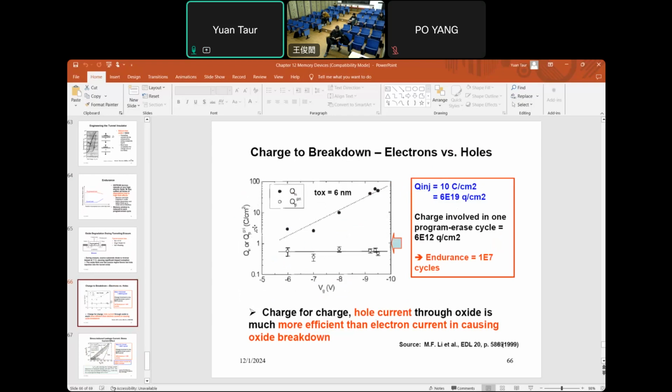Okay, so that's a function of charge density.